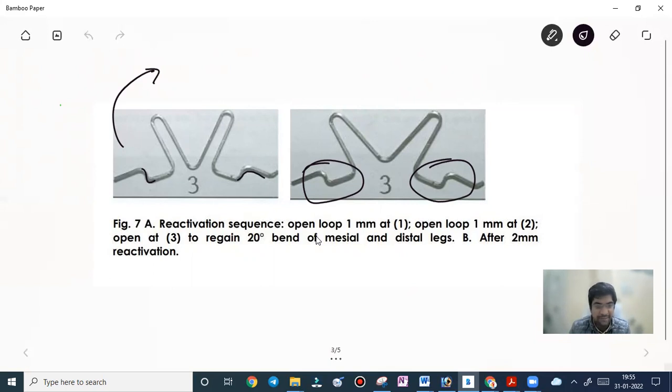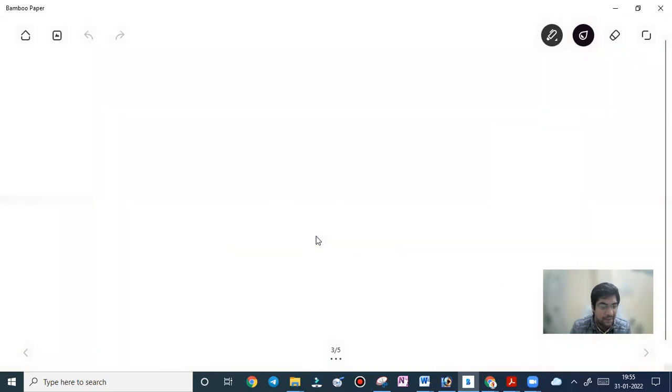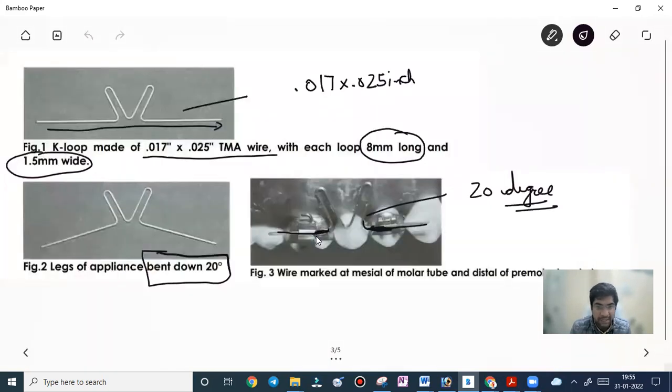These bends will keep the appliance away from the mucobuccal fold, allowing a 2 mm activation of the K loop.